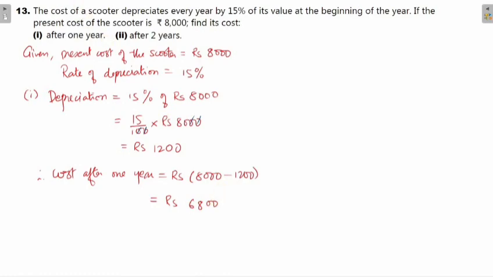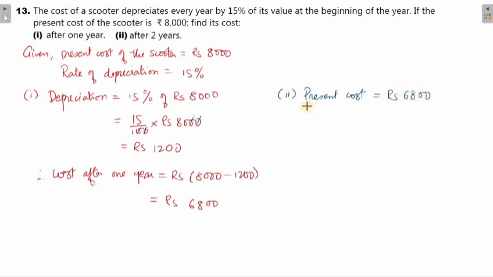Okay, now the second is you have to find the cost after 2 years, right? So for the second year, what is the present cost? Remember, after 1 year gets over, for the second year your present cost becomes rupees 6,800.